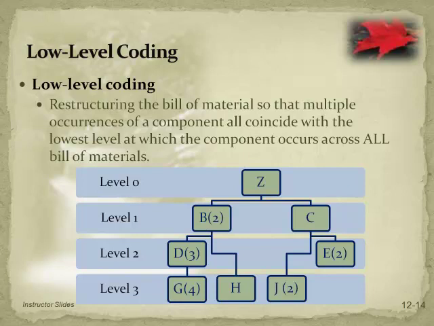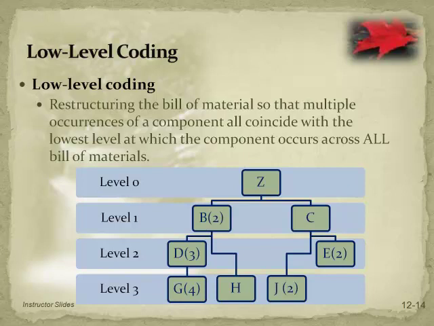So the question is, on all the bill of materials, let me say that again, on all the bill of materials where E exists, and there could literally be hundreds of bill of materials where part E is used, what is the lowest level that it exists on all of those bill of materials?